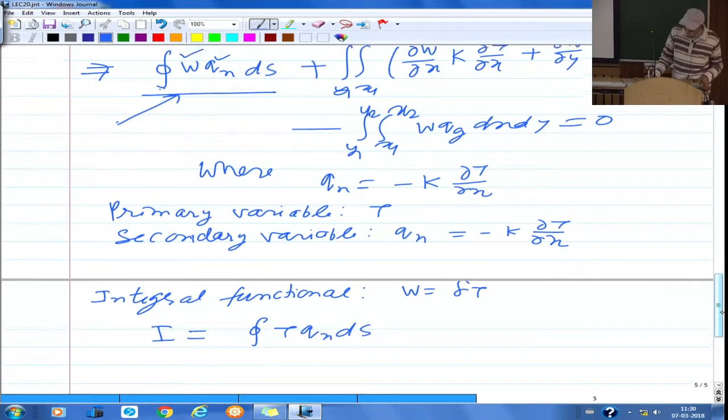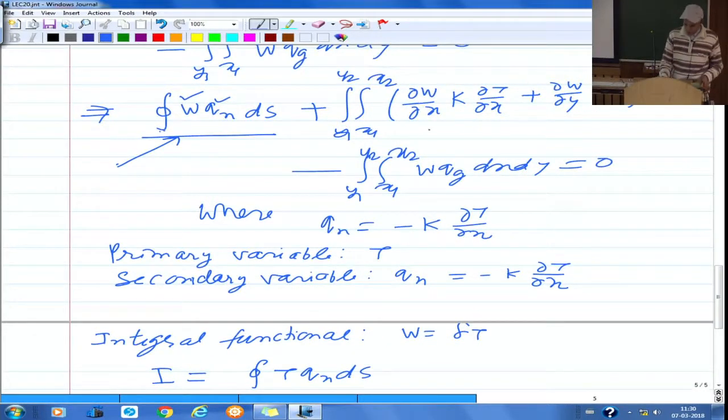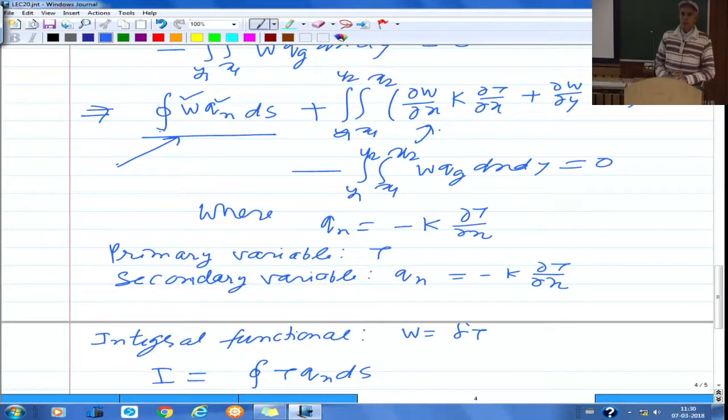Then if you look at these two terms, this would become del by del x of delta T. As we had discussed earlier, variation and differentiation can be interchanged, so that can as well be written as delta of del T by del x. So this term would be like delta of del T by del x into k into del T by del x, and if we take delta common out, we can write that as half of k into del T by del x whole square.